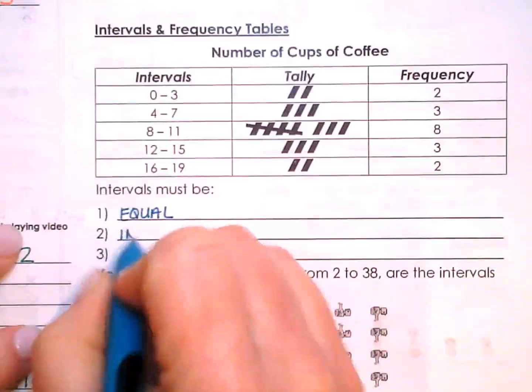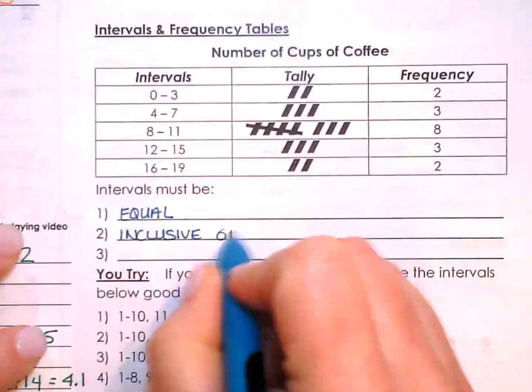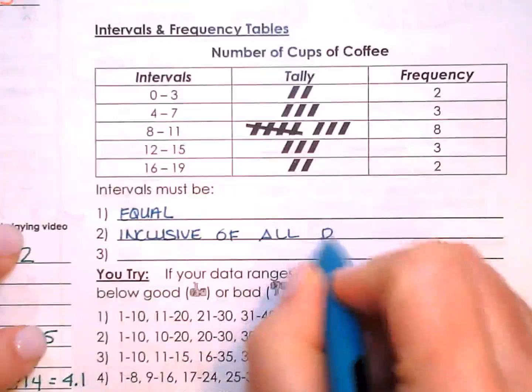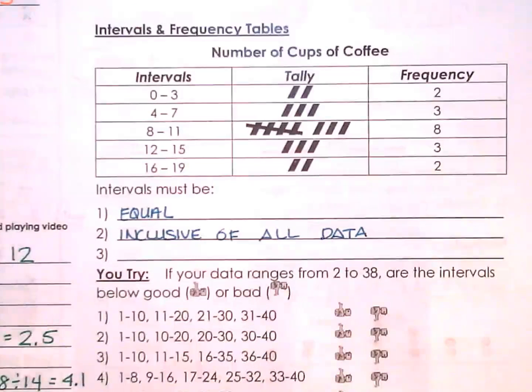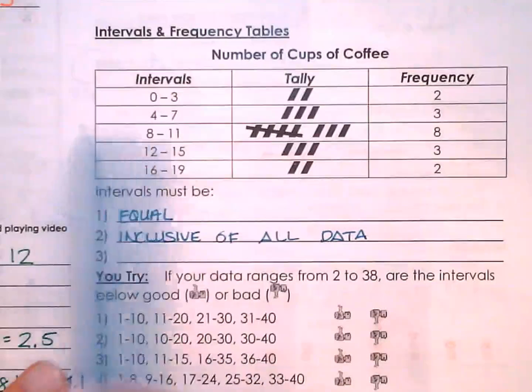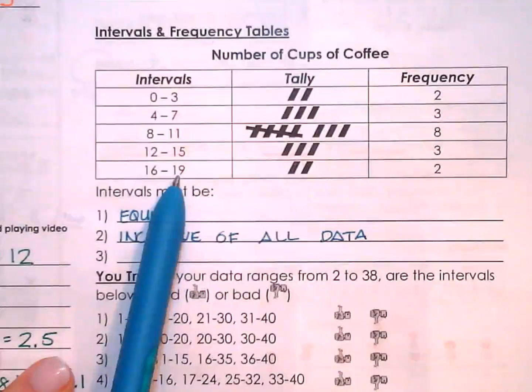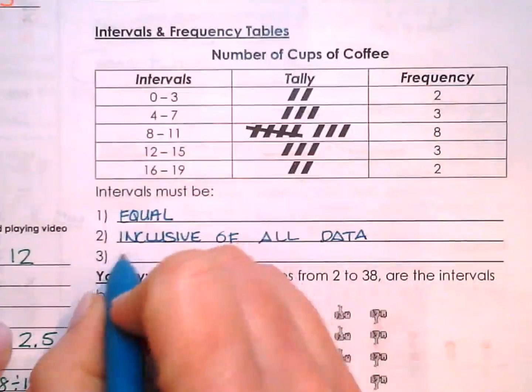They must be inclusive of all the data, meaning it's got to make sure that we have an interval to place the smallest number in our data set as well as the highest. So here we know that the number of cups of coffee that people chose when asked this question ranged between 0 and 19. And last but not least, they cannot overlap.